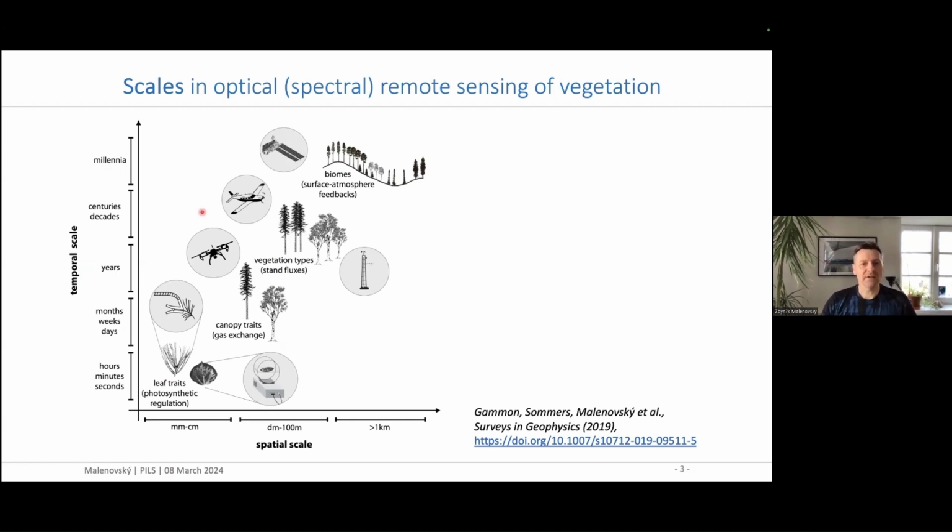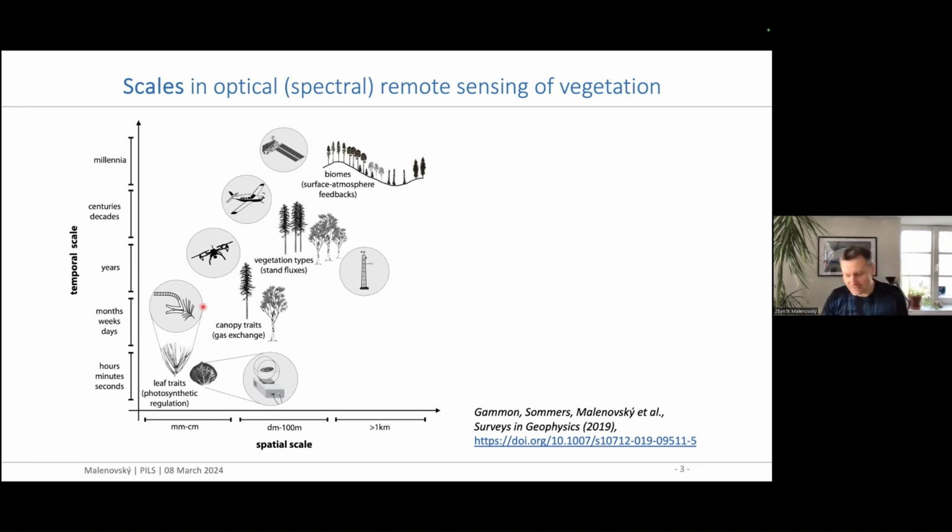Nevertheless, we can't understand those measurements taken from aircrafts or satellites without conducting some observations at the lower scales. Specifically, if we talk about vegetation, the basic scale where many people start is leaf. And then going up, we have individual plants, individual stands or fields, ecosystems, and biomes.